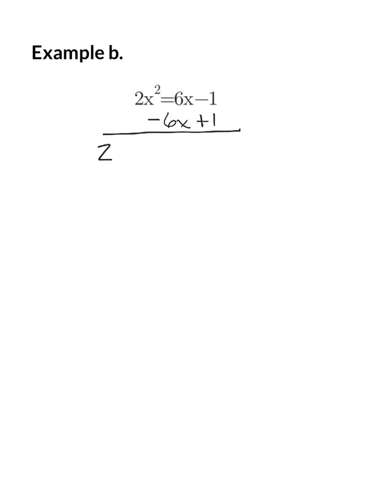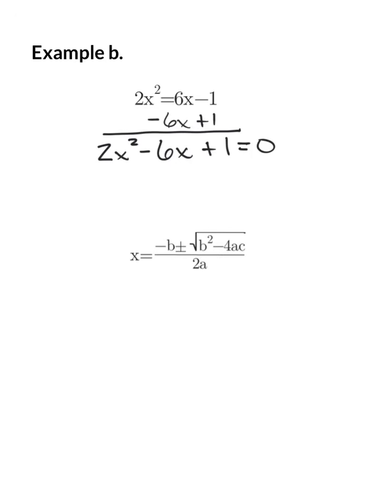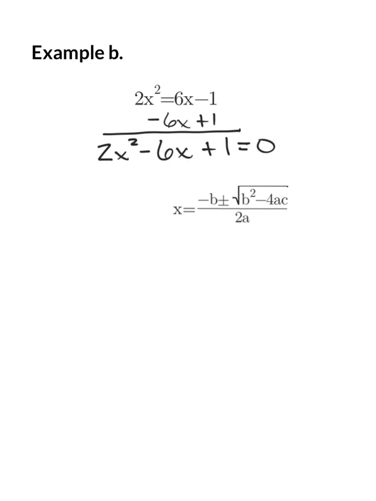I want to make sure that I write in descending order, so we get 2x squared minus 6x plus 1 equals 0. This is one that does not factor, and so the only way to solve it is using quadratic formula.